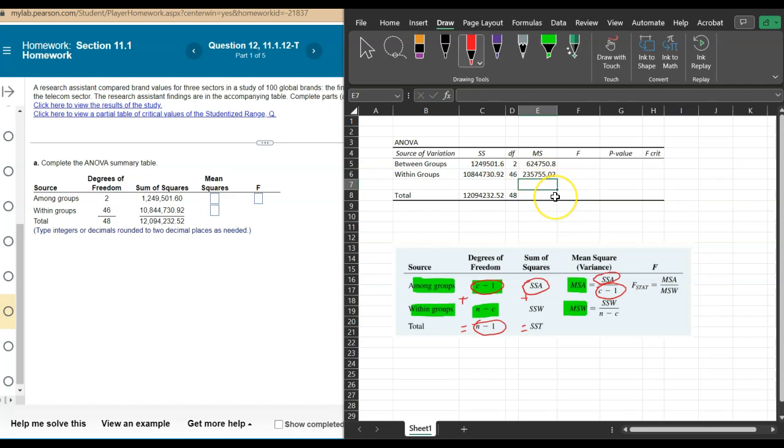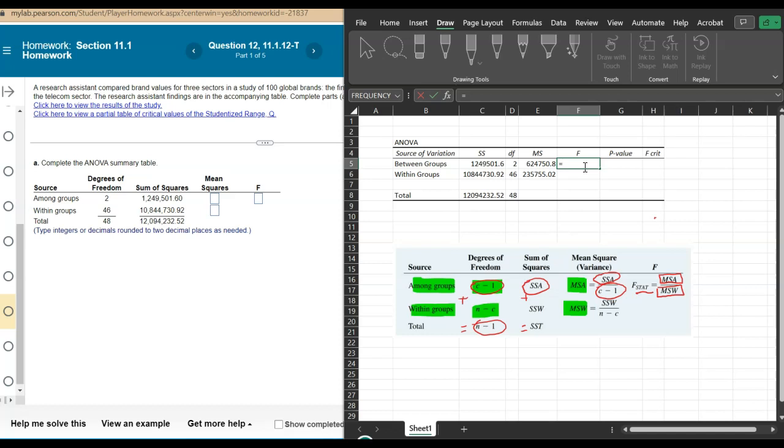Now moving on to the F stat, which is nothing else than these two values: the mean square among groups divided by the mean square within groups. Again, I'm going to use Excel to do this.